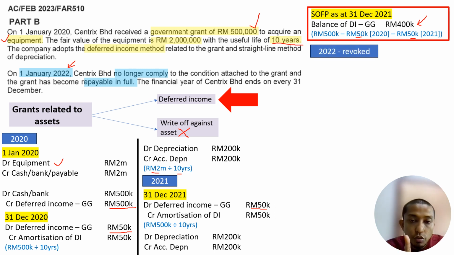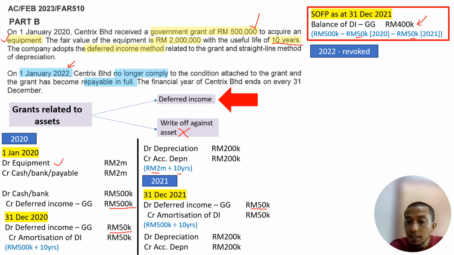Then we can proceed to do the revocation in 2022, when the company is no longer able to comply with the conditions attached. First, we need to write off all of our deferred income.